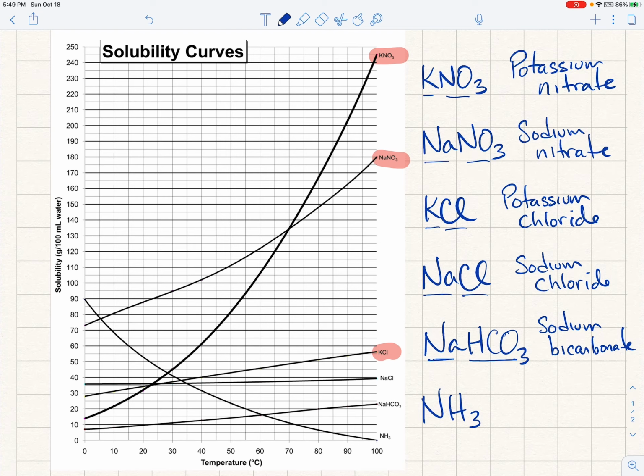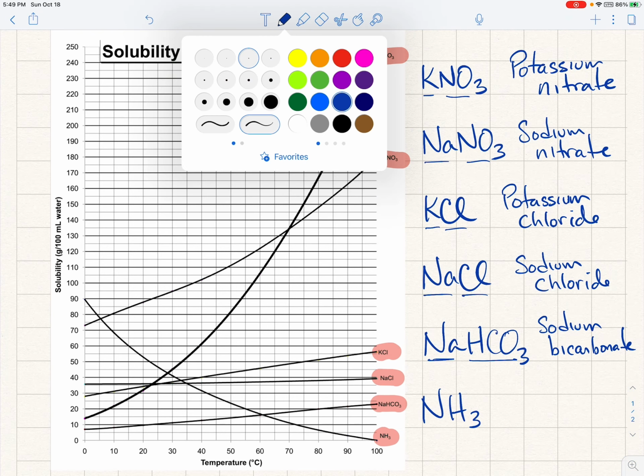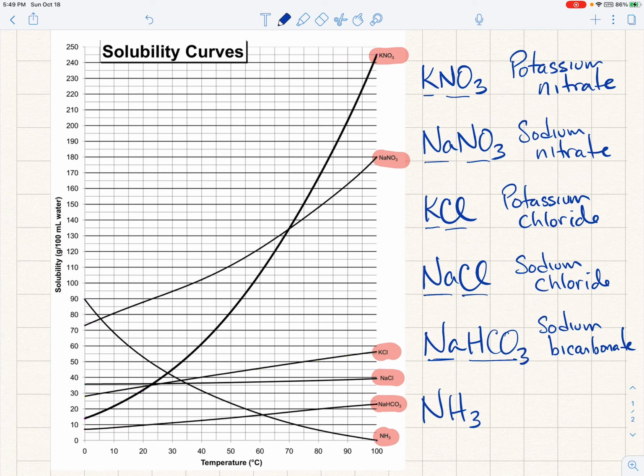The last compound, the NH3, so we've gone down the list on the right-hand side of the table. Now we've reached this weird one, the NH3, because its solubility fell as we were increasing temperature. It's actually not a salt. This is something we'd call in chemistry a covalent compound, but you don't need to know that for grade 9 science. Its name is ammonia.